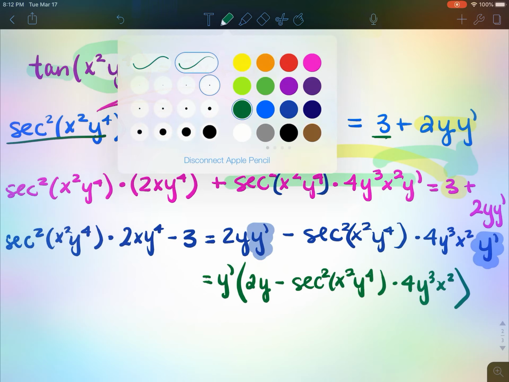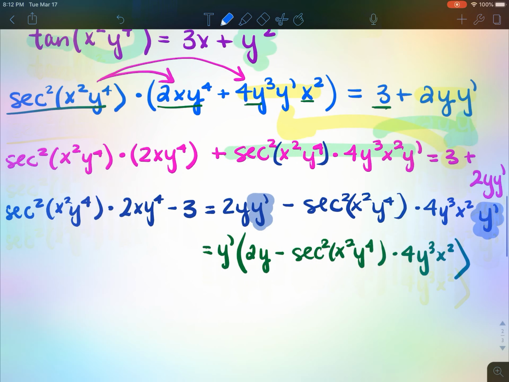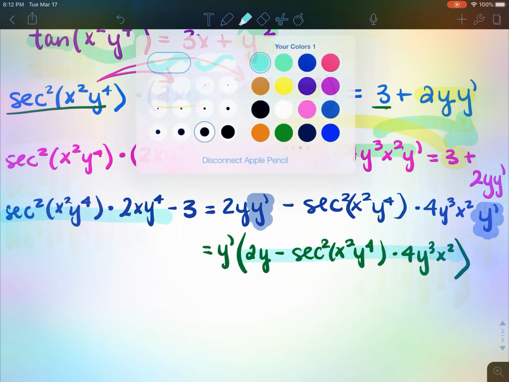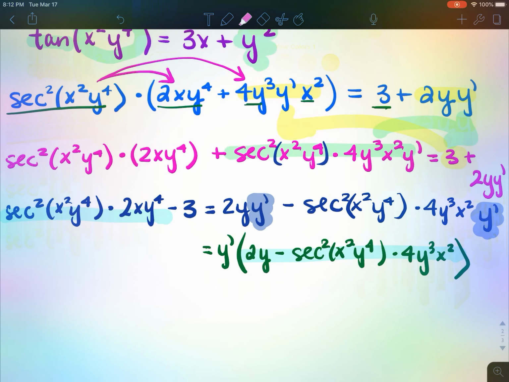The final step of this problem is to divide that over. So everything you factored out. By the way, this left side has stayed the same, so you would just repeat this step. But now we're going to divide out by this, which would then isolate y prime all by itself.